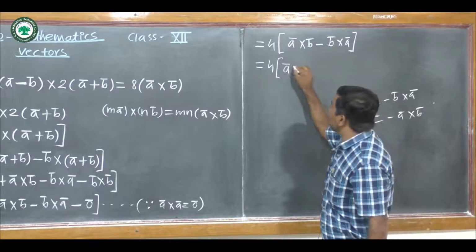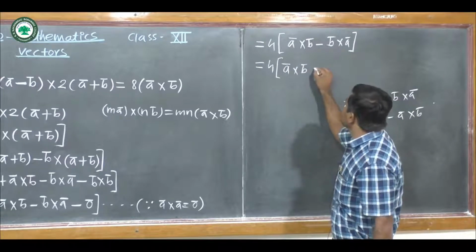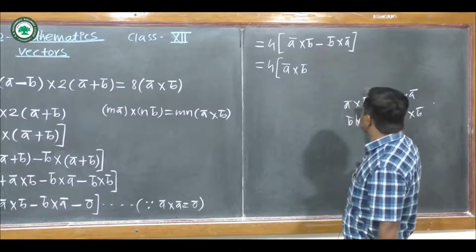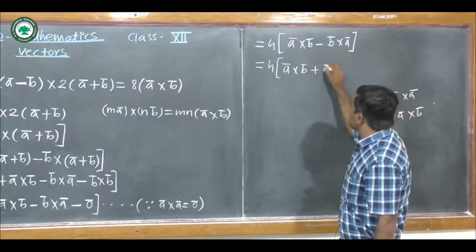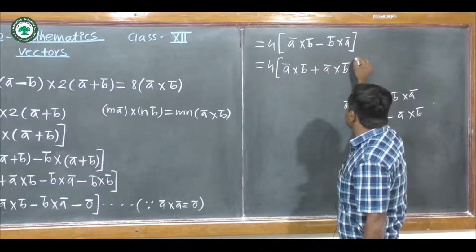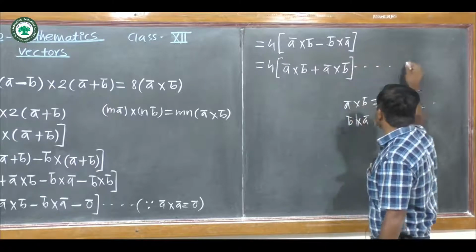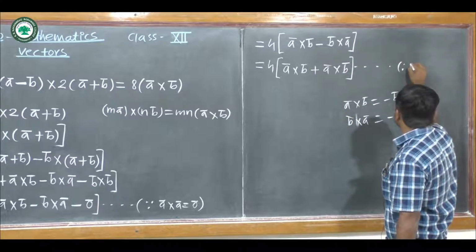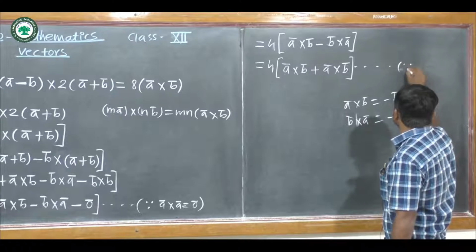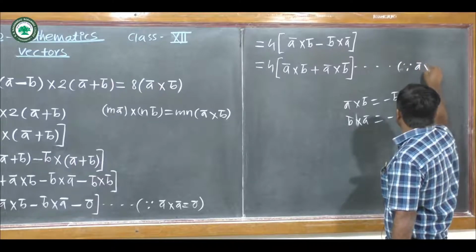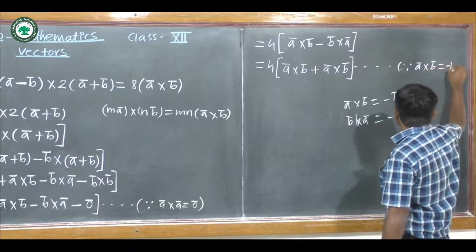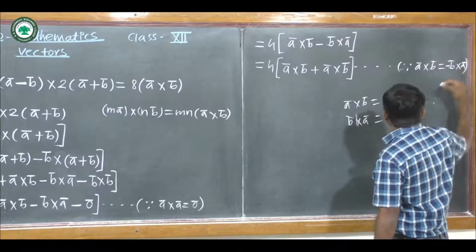So a bar cross b bar minus b bar cross a bar is a bar cross b bar plus a bar cross b bar. Or you may write the reason also here, that is, since a bar cross b bar is equal to minus b bar cross a bar.